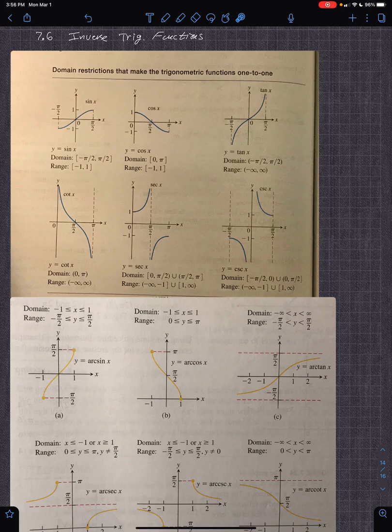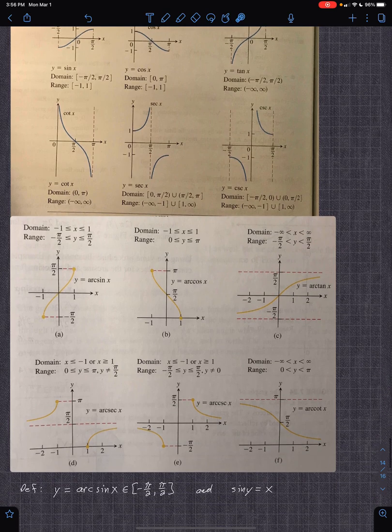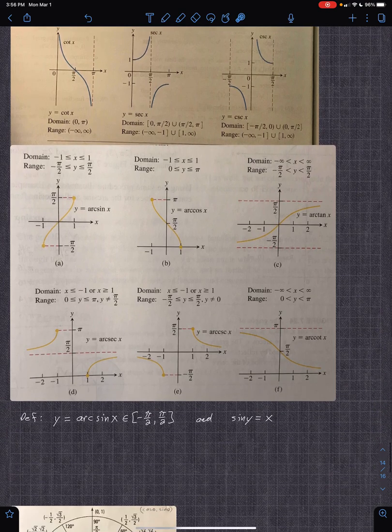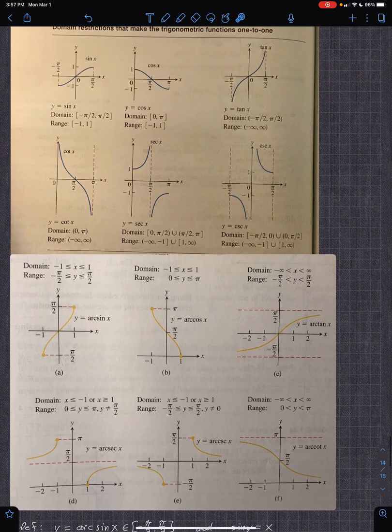The next chart, which I don't think is in your book, but is going to be in just about all these books we use, is the same sort of thing: we're now defining the inverses of sine and cosine.